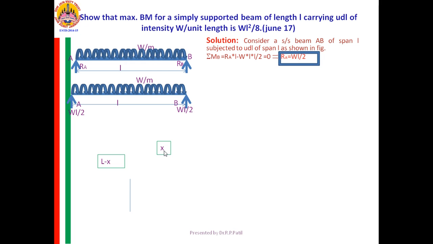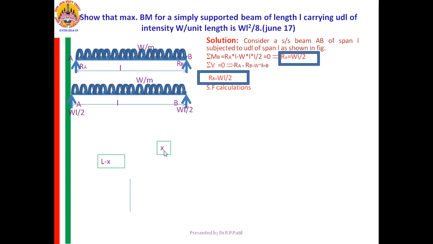And total vertical force equal to 0: RA plus RB minus WL equal to 0. RA is already known to you. You will get RB equal to WL by 2. Now, actually I have done the SF calculation; I could have avoided it.